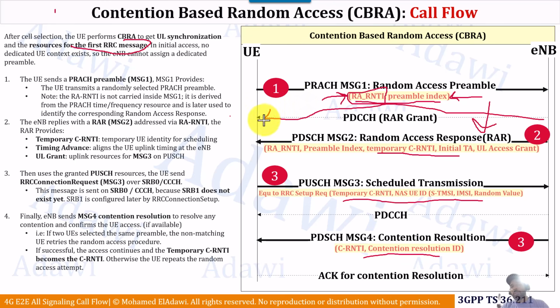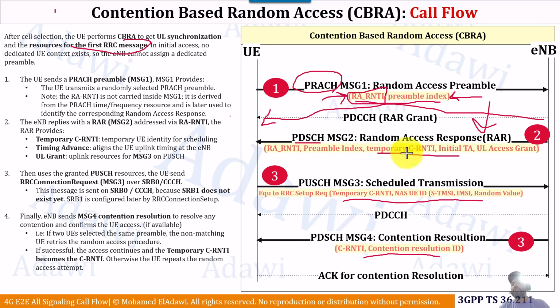It's just telling him to expect to receive the random access response at a particular time or frequency, because the first message here is using the PRACH or physical random access channel, while the second message from the eNodeB to the user is sent through the physical downlink shared channel. So this PDCCH is used to tell the user at which time or frequency the physical downlink shared channel will be sent. It's kind of scheduling, telling them what kind of resources.